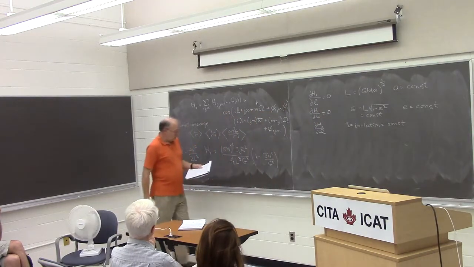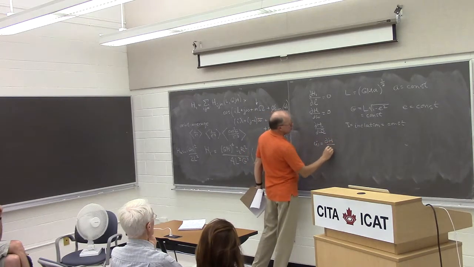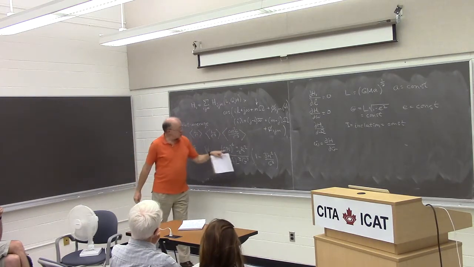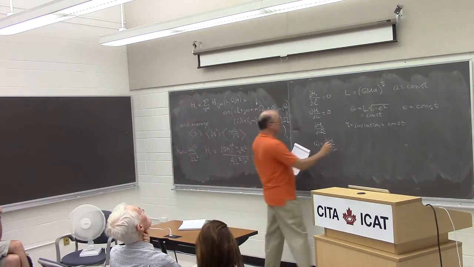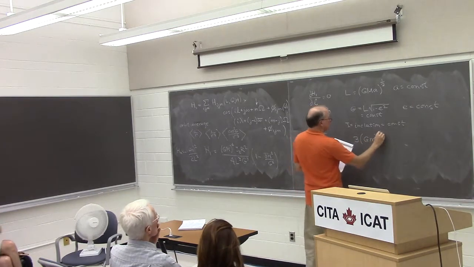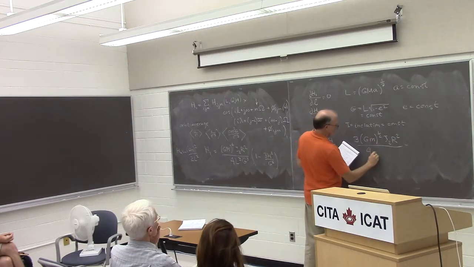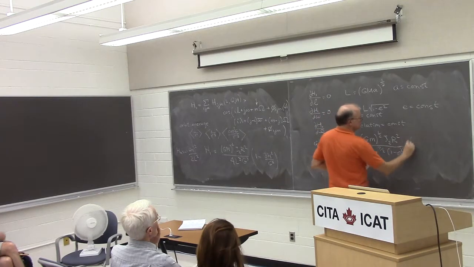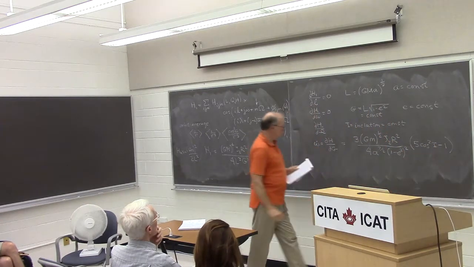Similarly, the rate of change of the argument of perihelion, omega dot, is dH by dg. Just do a derivative of this with respect to this g, but not that g, and I'll just convert it back into standard Kepler elements: 3 Gm to the 1/2 J2 R squared over 4 a to the 7/2 times 1 minus e squared squared times 5 cos squared of the inclination minus 1.